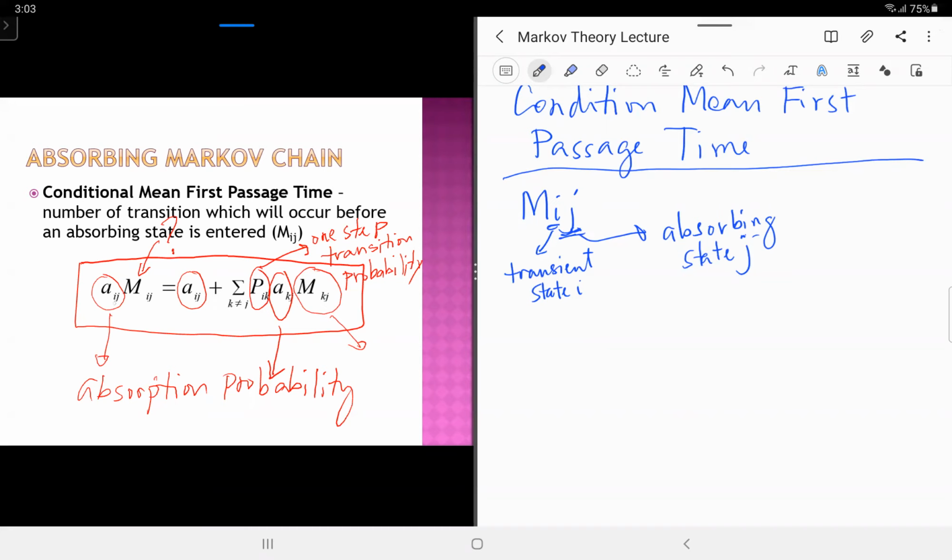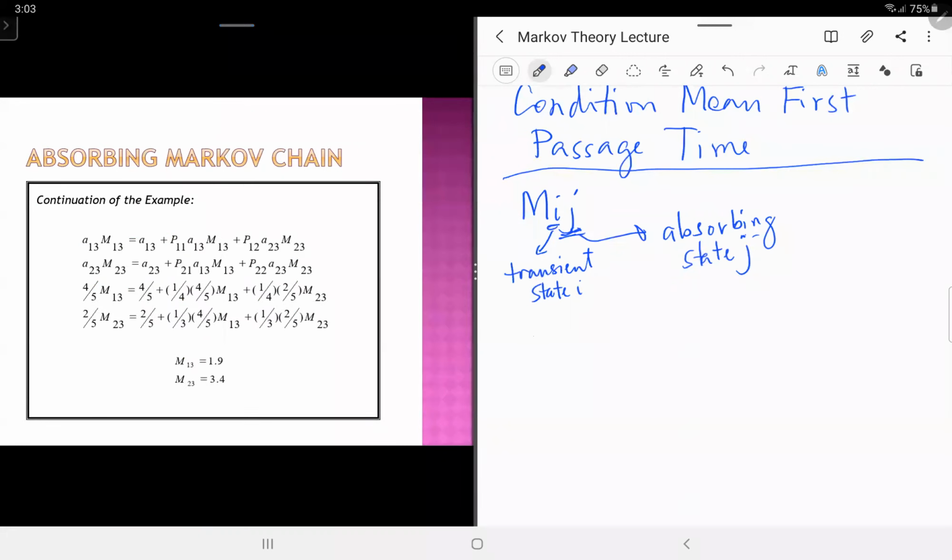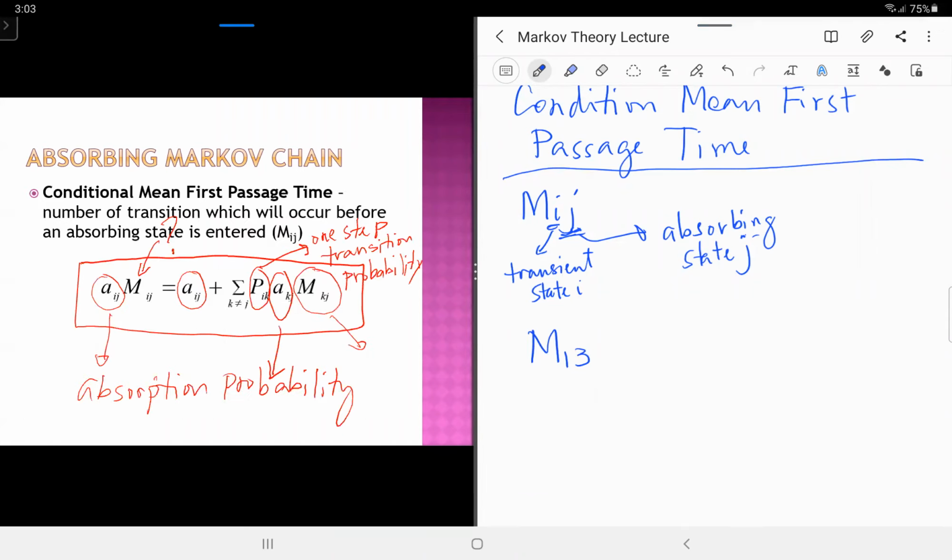So since we already have the A's, and if we want to demonstrate the calculation of M13, then all you have to do is to follow this equation such that if you want to solve for M13, then you have to set up the equation A13 times M13 is equal to A13 plus the summation. See that you're going to add the products of P, A, and M.